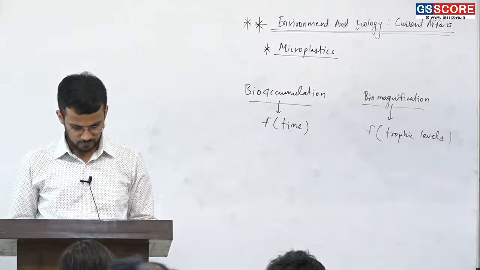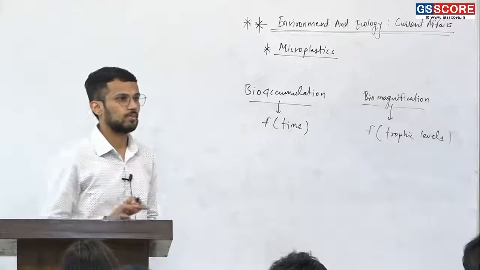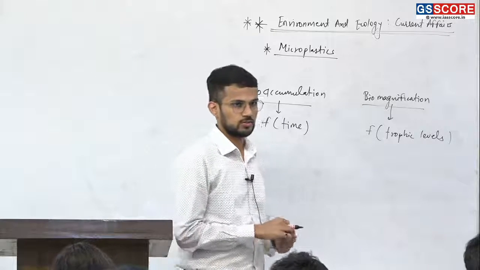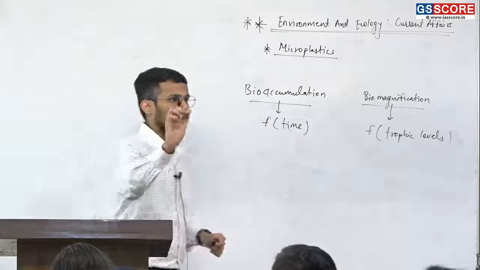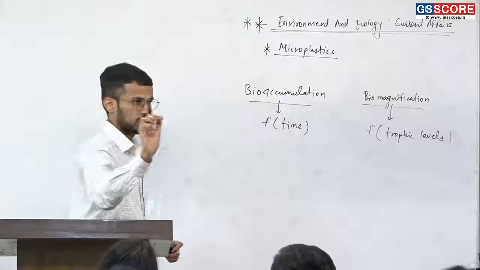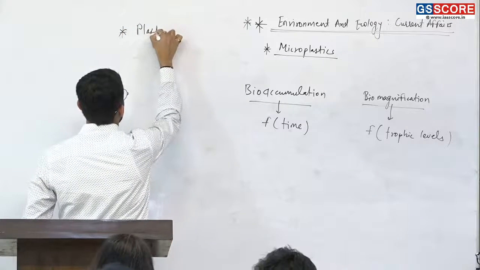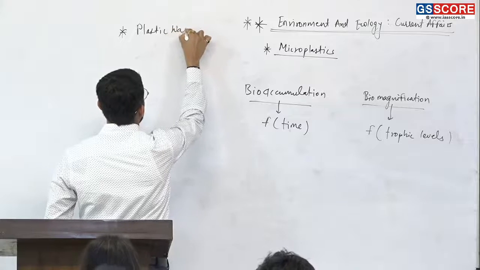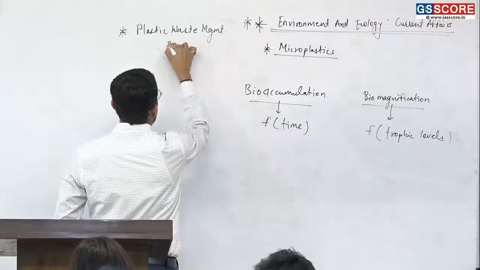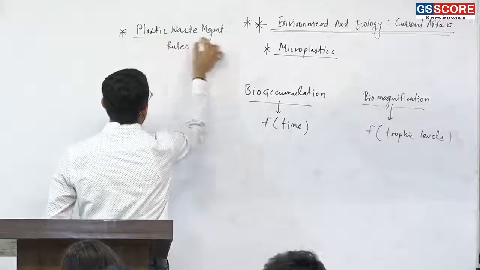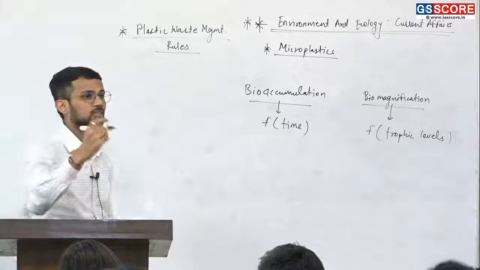Now there are certain measures taken by India to take care of plastic pollution. What are those measures? It is in the form of the Plastic Waste Management Rules. There are different years of it.